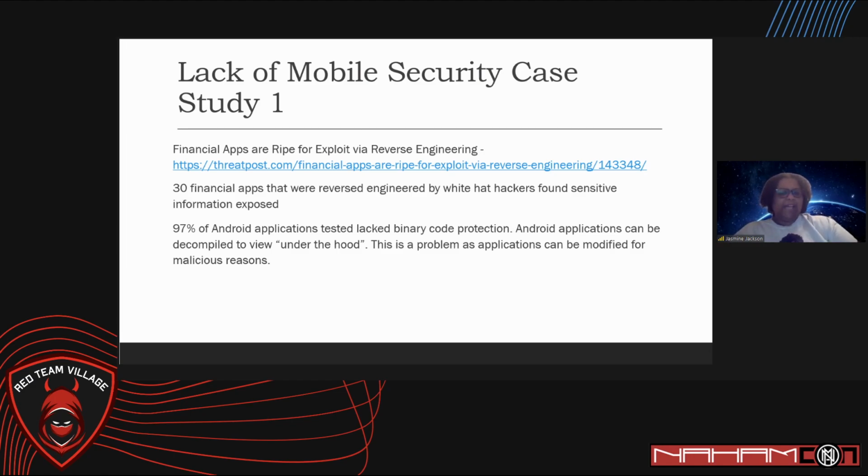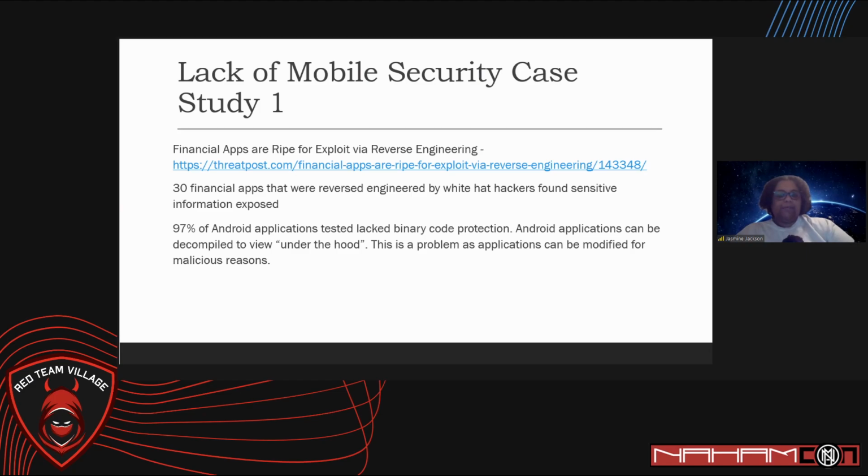Well, white hat hackers found that when 30 financial apps were reverse engineered, sensitive information was exposed. Sensitive information like PII, or personally identifiable information, such as your social, your bank account, all the things that could be tied to you. Also in that study, 97% of Android applications tested lacked binary code protection.